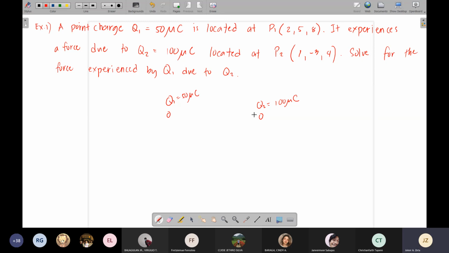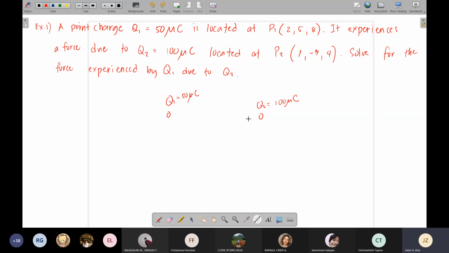So take note ha, ang force has a direction. Okay? So force is not just magnitude alone, but it also has direction. So, gi-specify sa problem itself nga ang Q1 ay naka-experience sa force tungod ni Q2. So therefore, ang direction sa force would be from Q2 going to Q1.